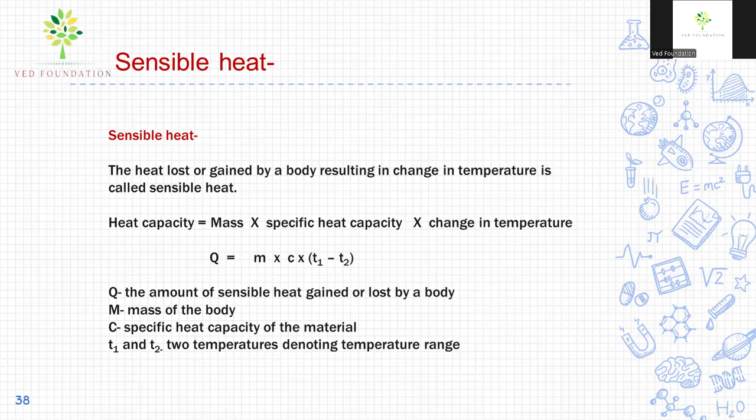Heat capacity is equal to mass into specific heat capacity into change in temperature. Q is equal to M into C into difference of temperature, T1 minus T2. The amount of sensible heat gained or lost by body is denoted by Q. M is the mass of the body and C is specific heat capacity. T1 and T2 are two temperatures denoting temperature range.